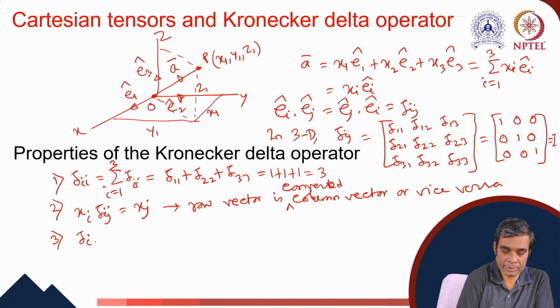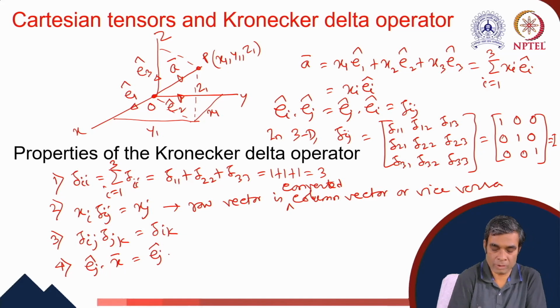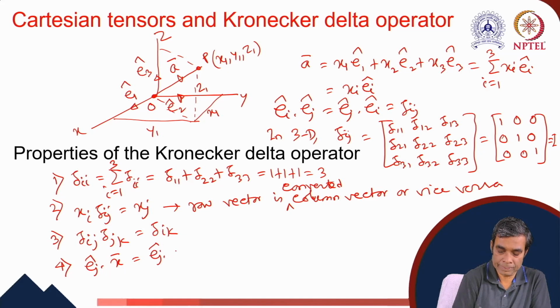The third property is... then the fourth property we can write: ej cap dot x bar equals ej cap dot xi ei cap.